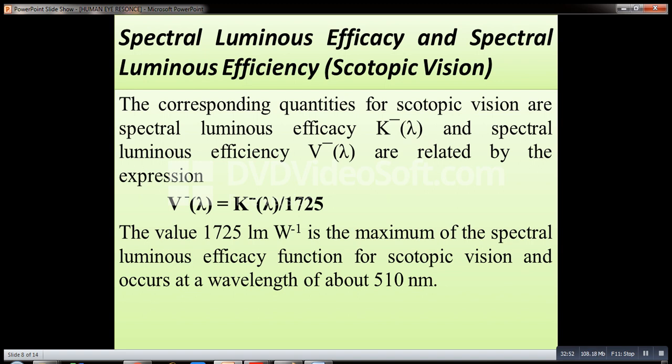While the scotopic luminous efficacy of radiation reaches a maximum of 1700 or 1725 lumen per watt for monochromatic light at a wavelength of 510 nanometers, or some sources say 500 nanometers.